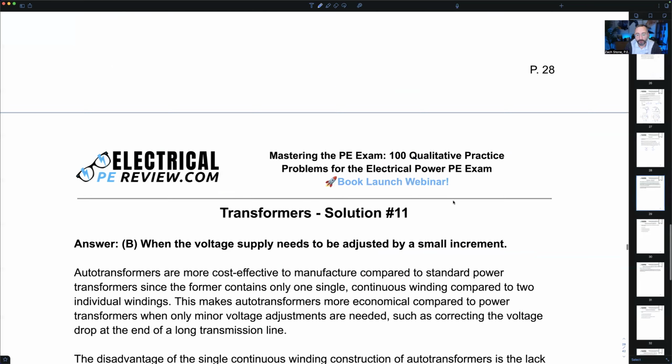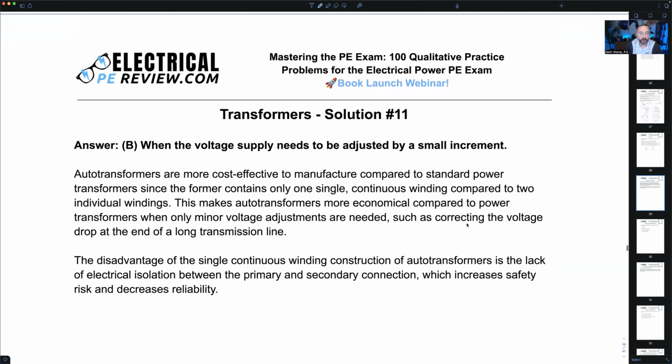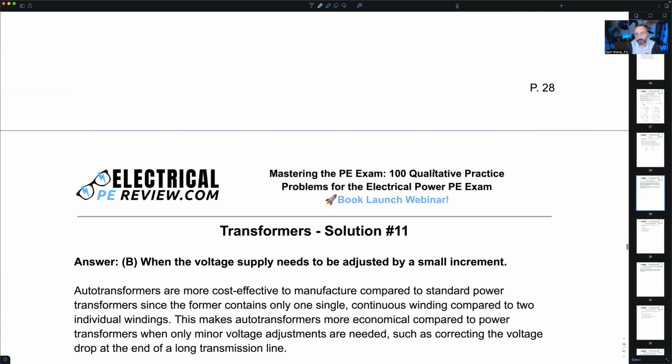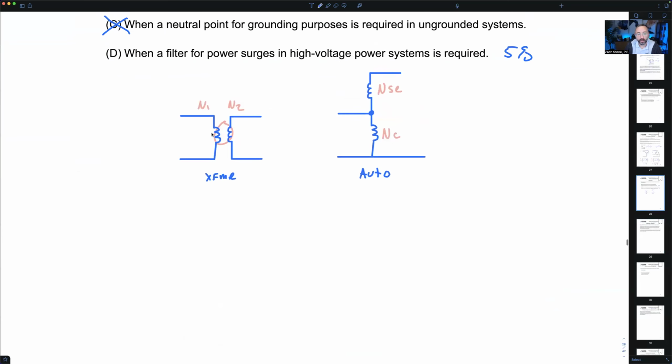The primary application for auto transformers is when we're adjusting the voltage by like 10%. That's all. Since there's no electrical isolation, all of the voltage and current on the secondary side of a regular transformer has to be induced through the flux in the air gap from the primary to the secondary.